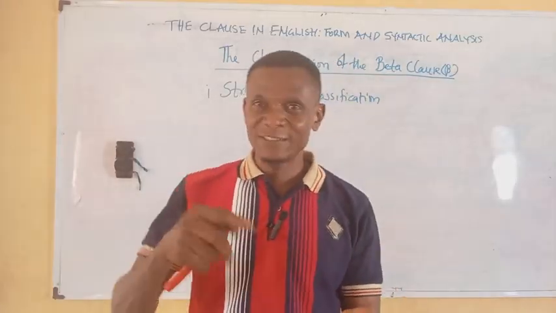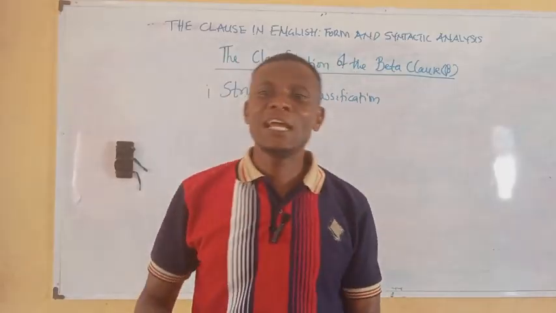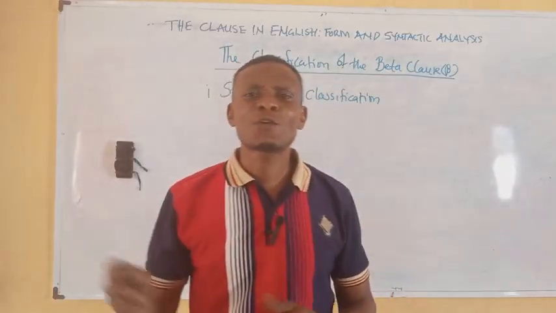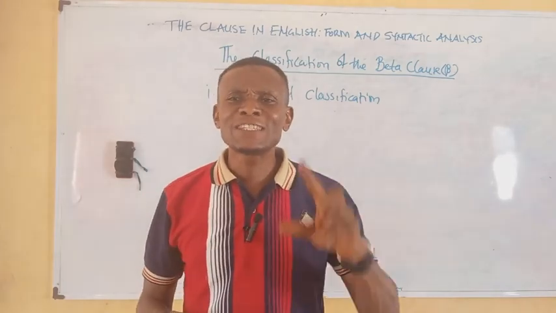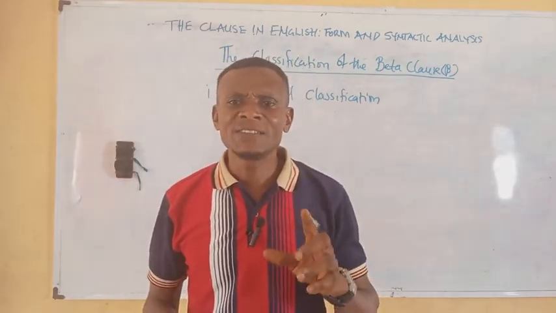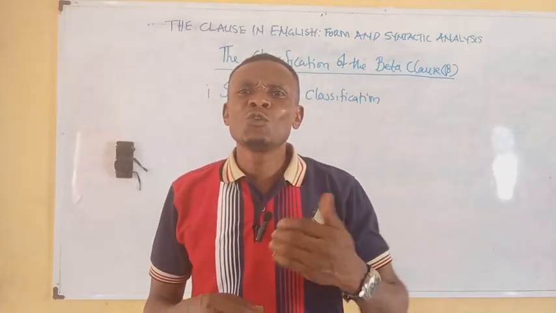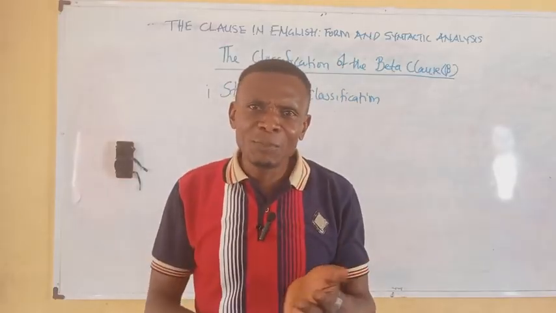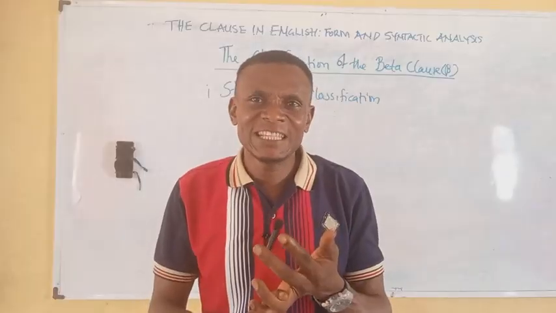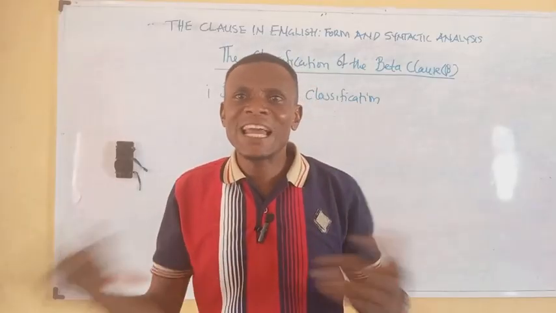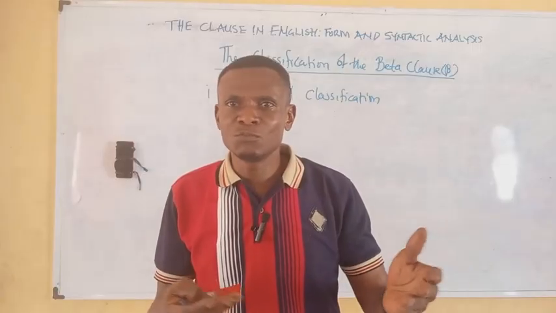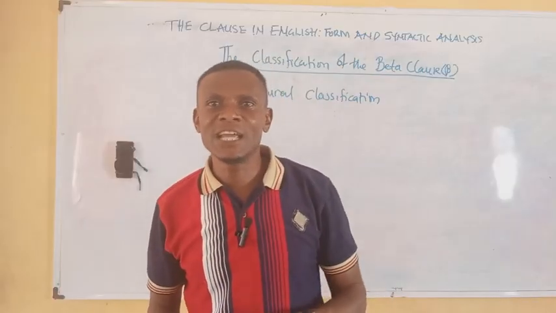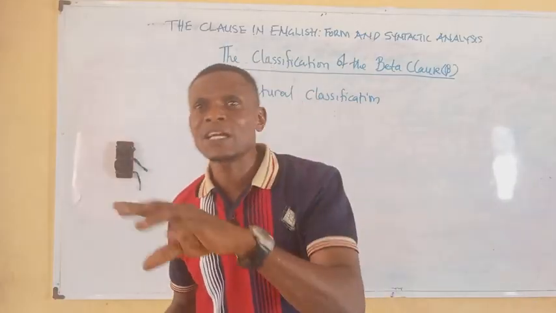When I'm talking about finite beta clause, this is a finite verb as one that can be inflected for number, it can be inflected for tense, and it can be in singular form and plural form. These are referred to as a finite beta clause.